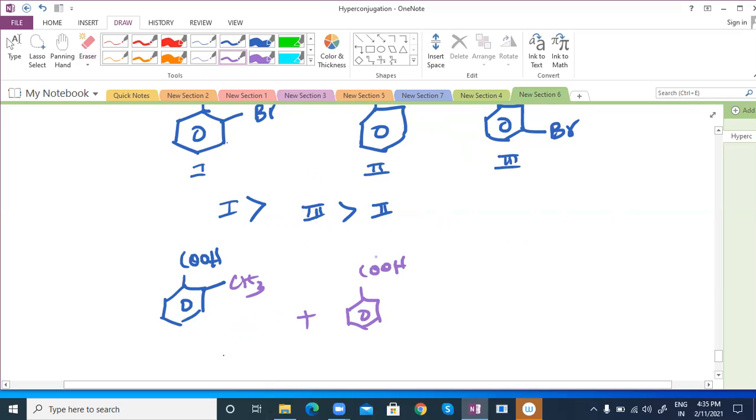Actually, due to the plus I group, we generally expect acidic character to decrease. But here, due to the ortho effect, the acidic character of this one is more compared to this. Got it? Due to the ortho effect, the acidic character of 1 is greater than 2.